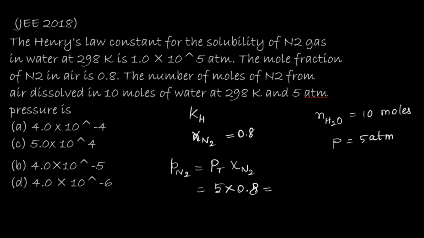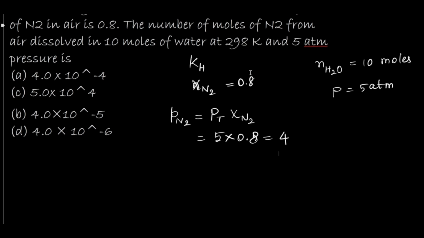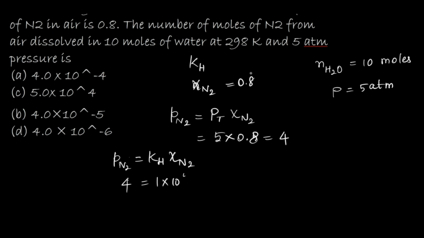In total, that becomes 4, right? So now you can start substituting it in Henry's law, which states that the partial pressure of N2 is equal to KH into chi N2, right? So we have a partial pressure value, that is 4, and the KH value, that is 1 into 10 to the power 5.